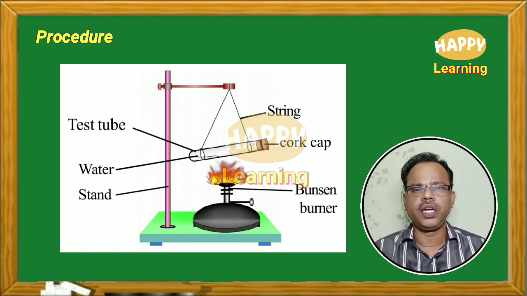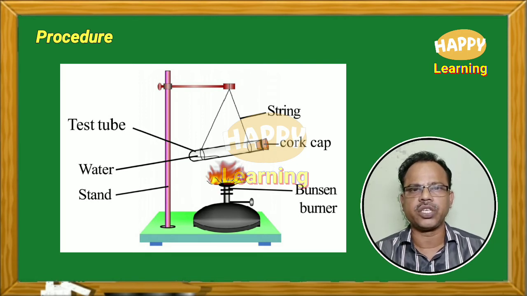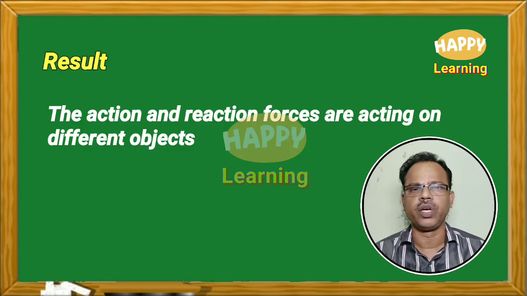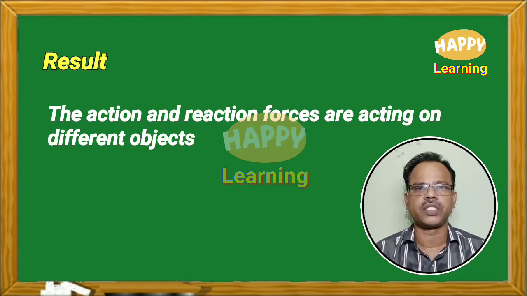Here the direction of motion of the cork and the direction of motion of the test tube are opposite to each other. The force on the cork is action and the force on the test tube is reaction. They are opposite in direction. Therefore, we have proved the action and reaction forces are acting on different objects.